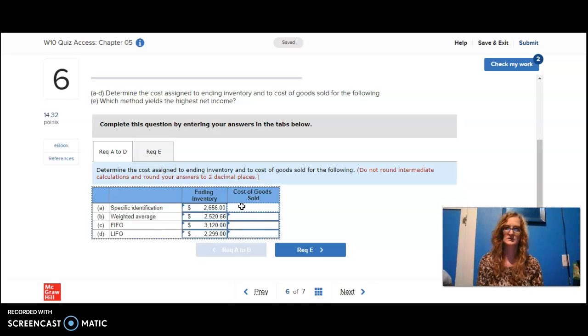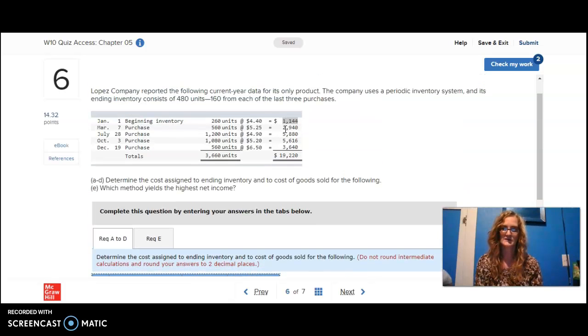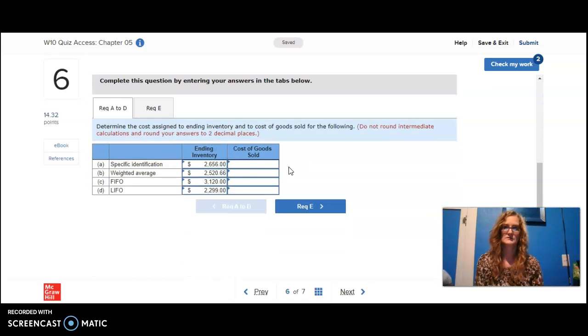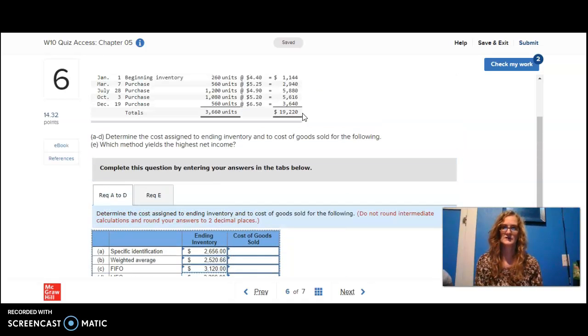And then cost of goods sold is going to be the cost of units available minus the ending inventory. So we're going to subtract these amounts from 19,220 for each one.